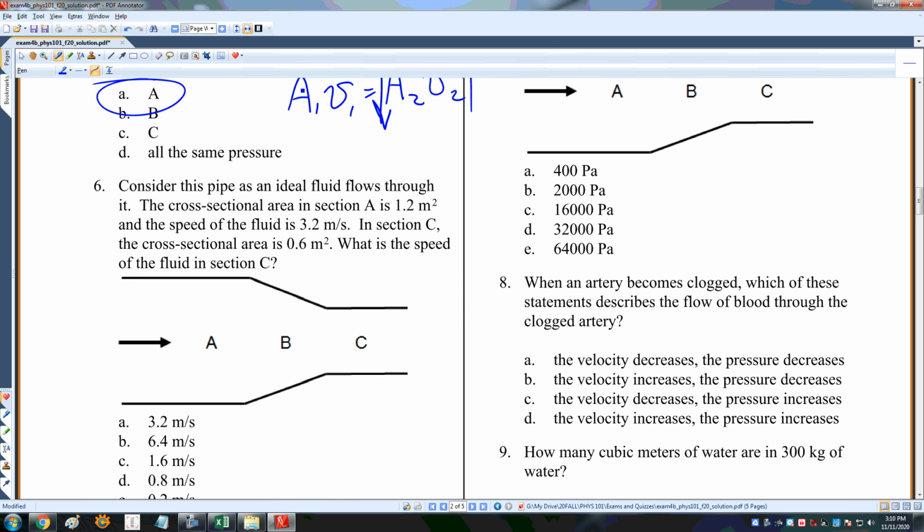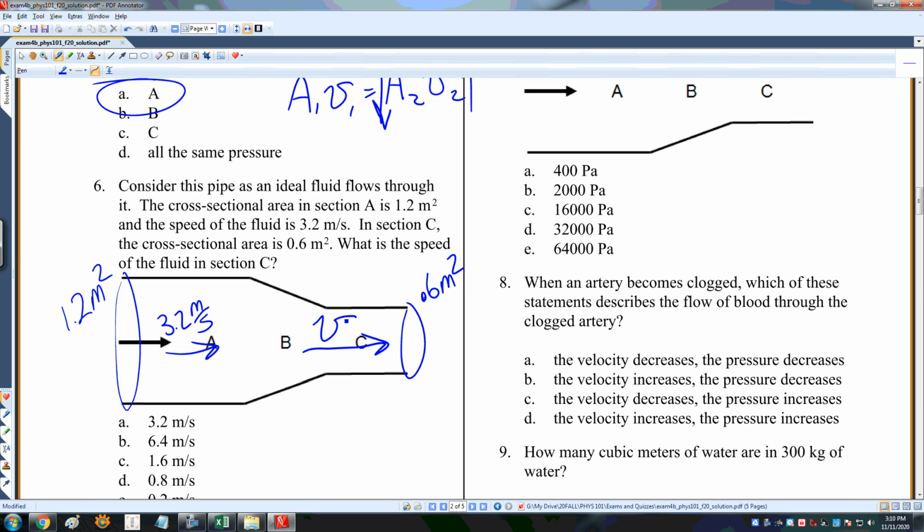Okay, so the same. I have an ideal fluid flowing through this pipe. The cross-sectional area of this section is 1.2 square meters, and then the speed is 3.2 meters per second. And then over here, my cross-sectional area is half, or 0.6 meters squared, and I want to know what the speed is. Now I know from what I said earlier that the speed in this section is going to be bigger, so I get rid of that.